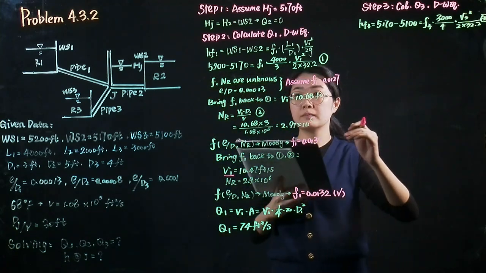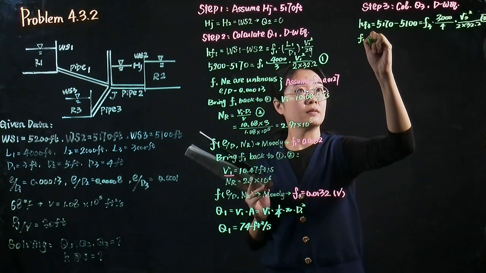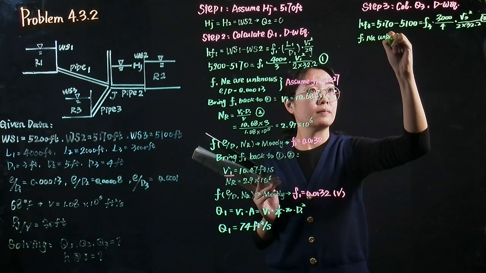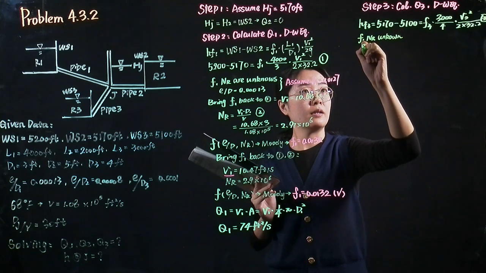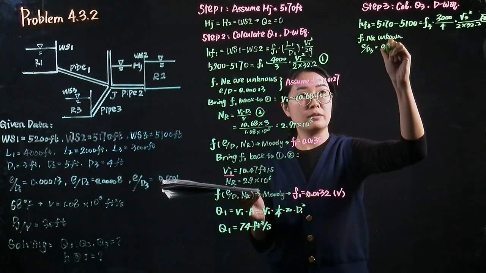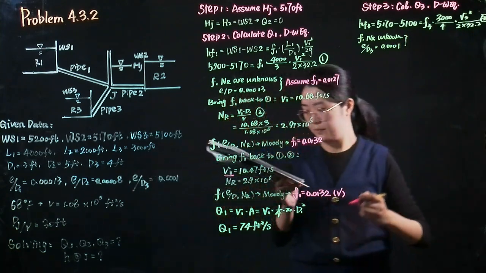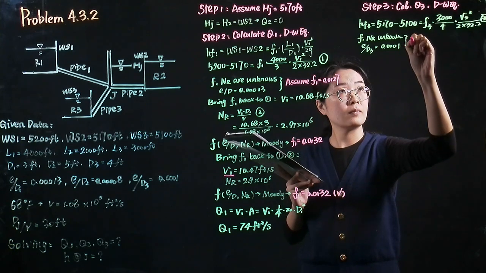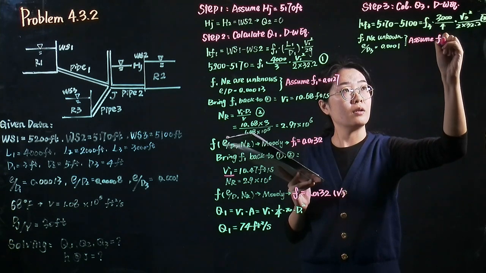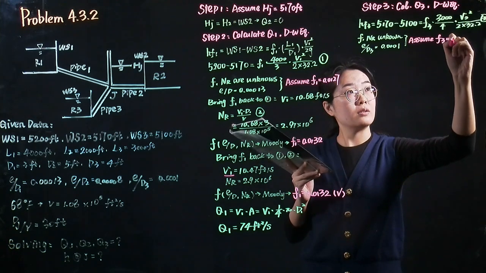Because the friction factor and the Reynolds number are both unknown, and based on the relative roughness, which equals 0.0001, we assume the friction factor in pipeline 3 equals 0.012.